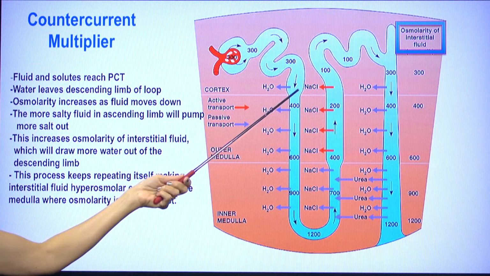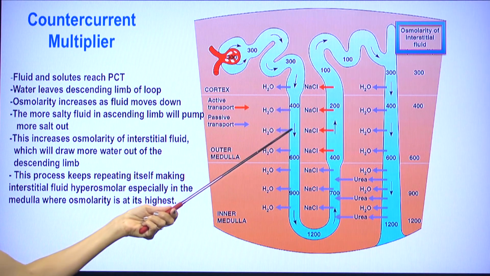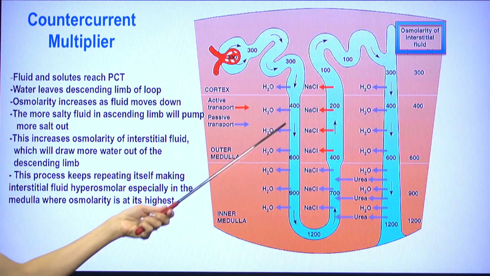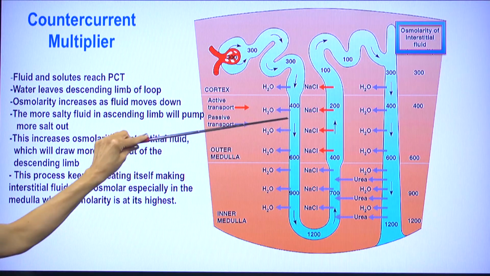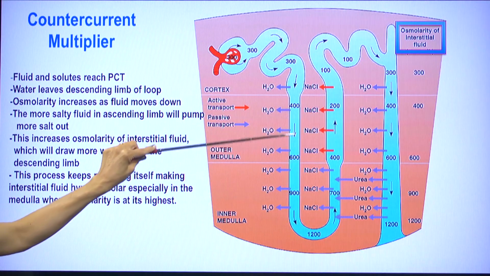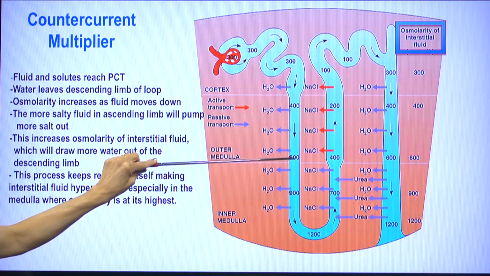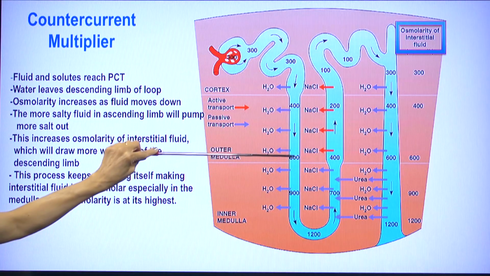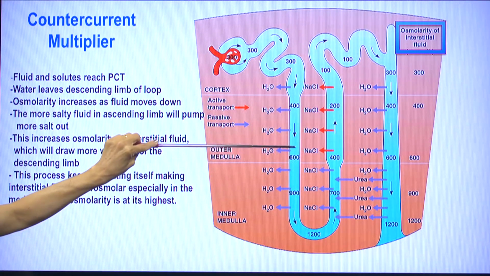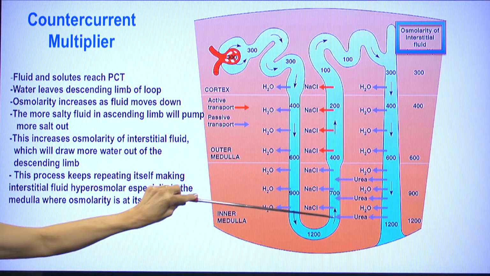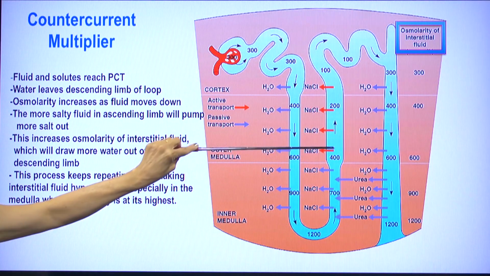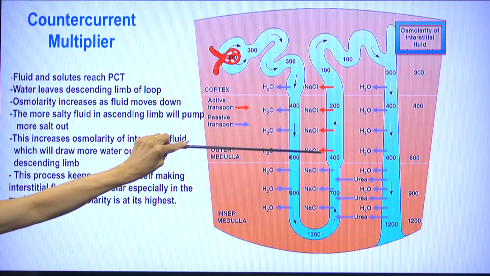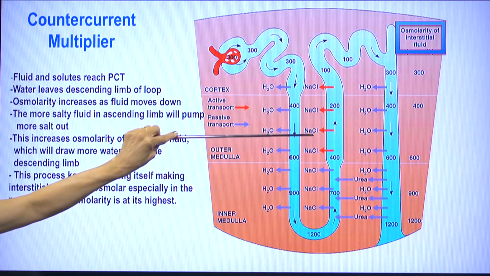As the fluid moves down into the descending limb, water can move out. As water starts to move out, the osmolarity is going to increase, means I have more salty fluid in here. As the salty fluid reaches the ascending limb, now my sodium pump has more salt. It's going to pump more sodium chloride out.